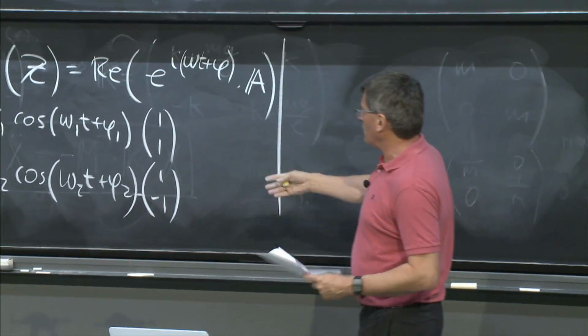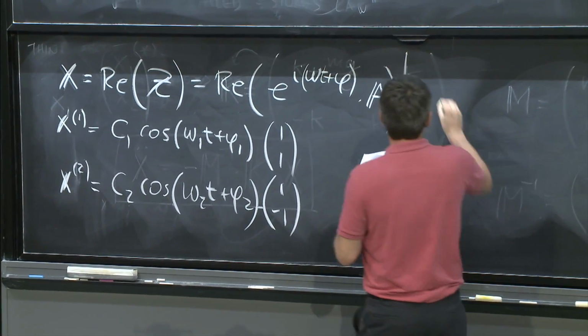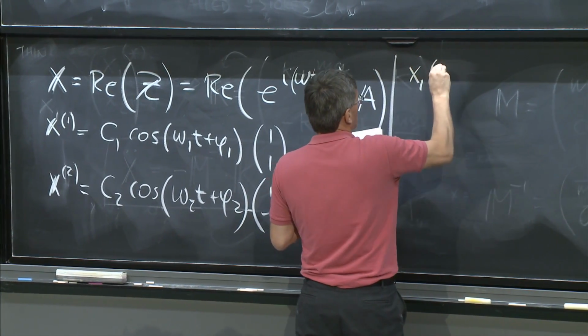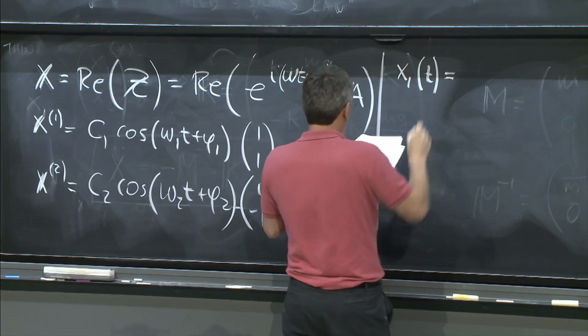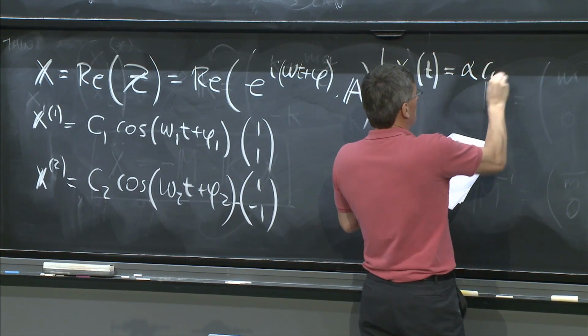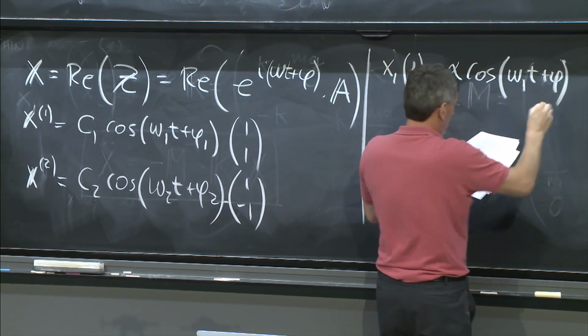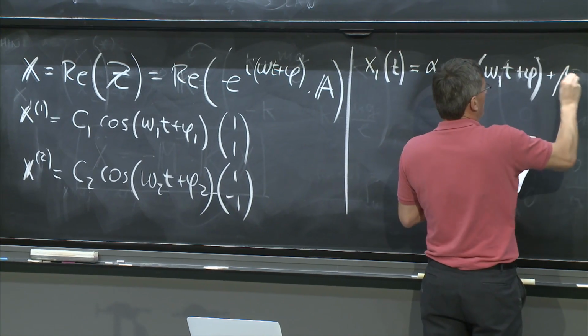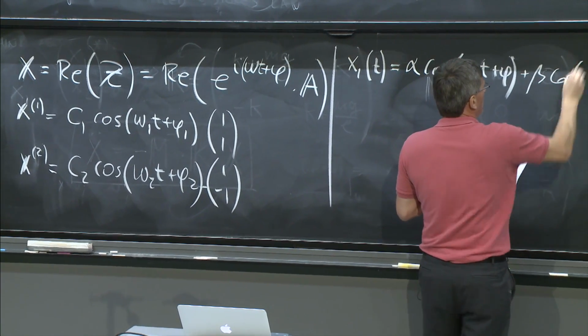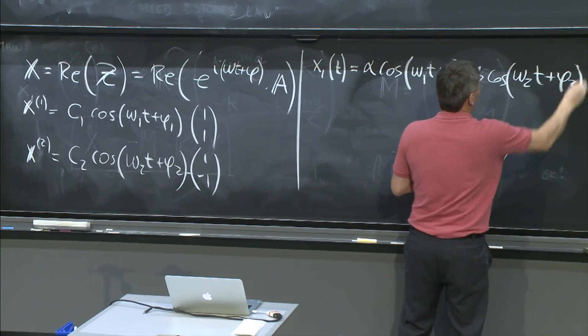So if I write this down now in terms of position of number 1, number 2, the position of x1 as a function of time, in general, will look like this. It will be some sort of constant alpha, cosine omega 1 t plus phi 1, plus constant beta, cosine omega 2 times t plus phi 2.